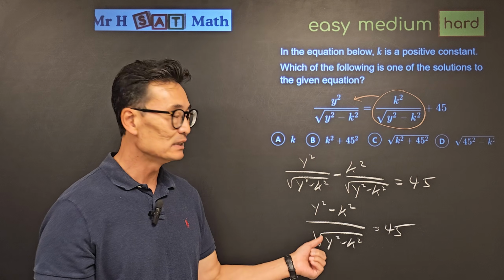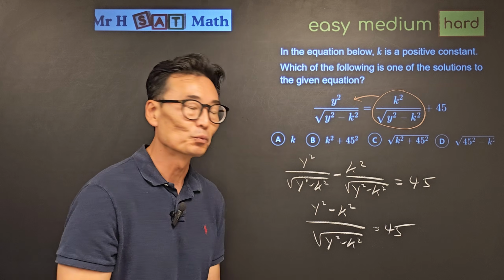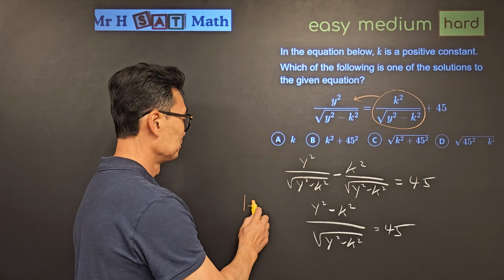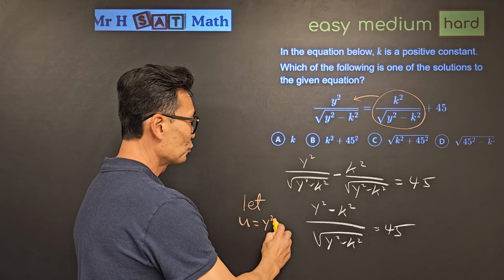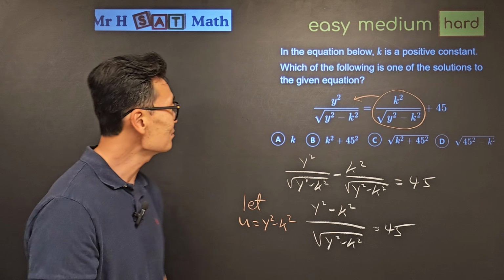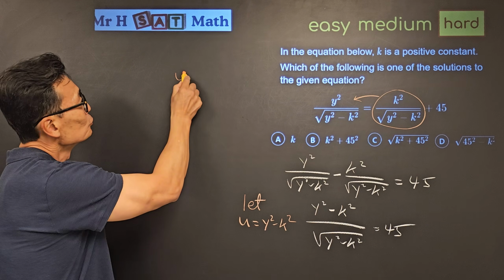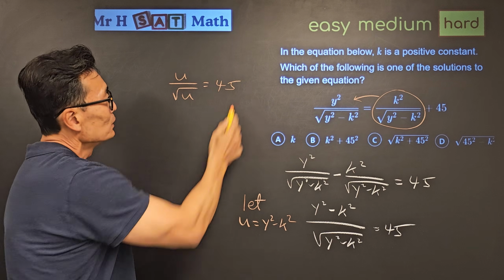However, if you have difficulty combining the two, here's what we could do. We could let u equal y squared minus k squared, meaning we could rewrite this equation as u over square root of u equals 45.